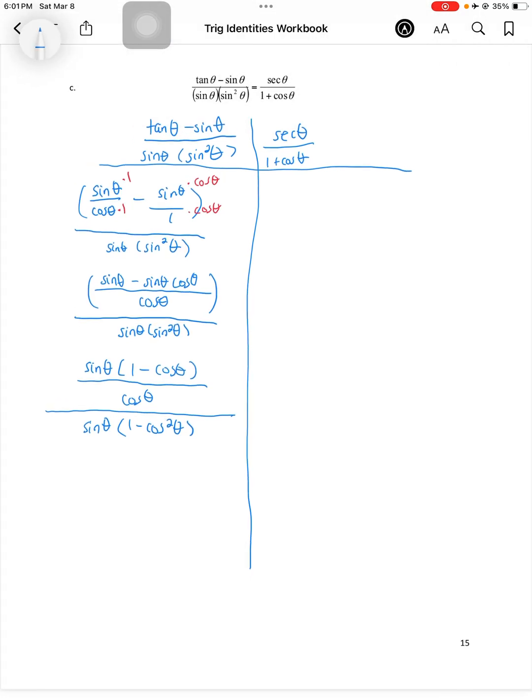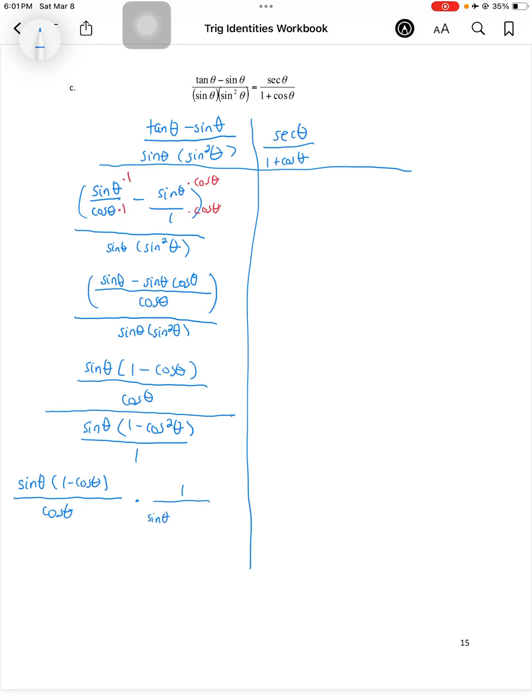So I'm just going to do my fraction rules so you can see that. Here, that whole part is realistically over 1. Now I'm just going to rewrite it so you can see everything cancel, over cos theta times 1 minus sine theta.